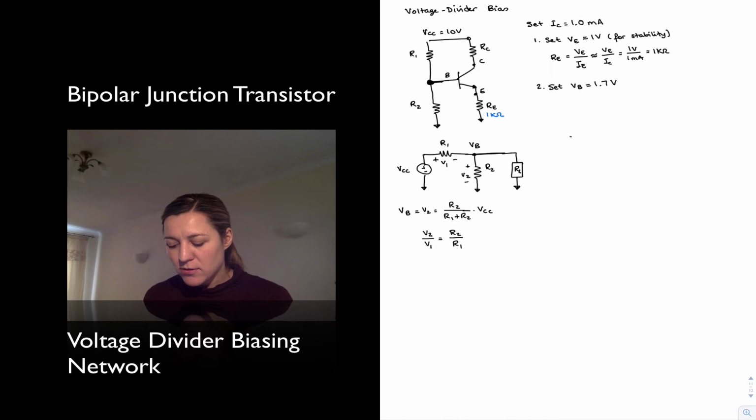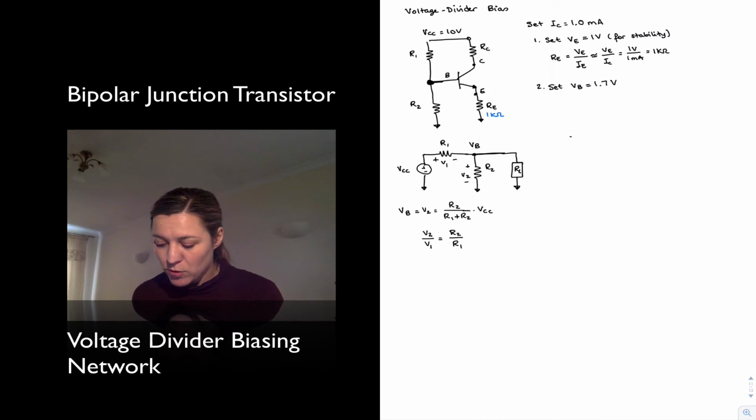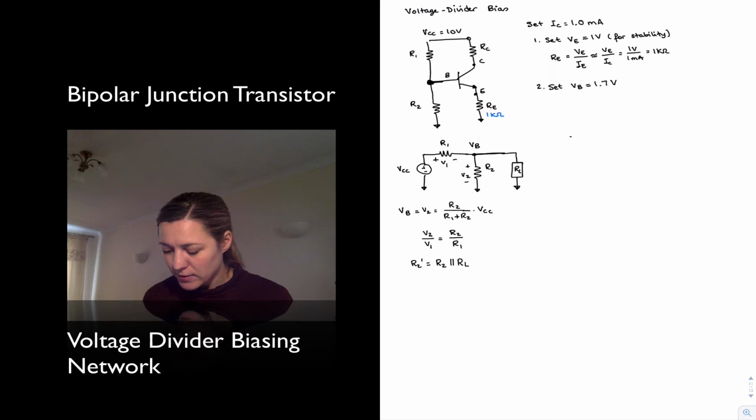And so that means that in this equation, we're not really considering the value of R2, but rather the parallel combination of R2 and RL, what we could call R2 prime. So we could say right here, R2 prime is equal to R2 in parallel with RL. And so in our equations, this will really be R2 prime, that's R2 prime, and this will be R2 prime.